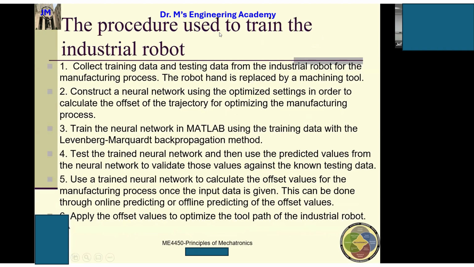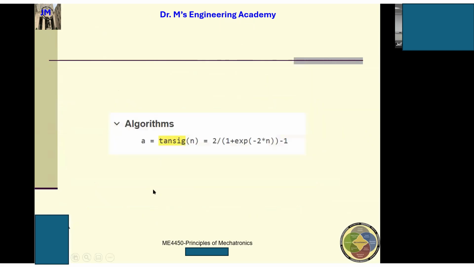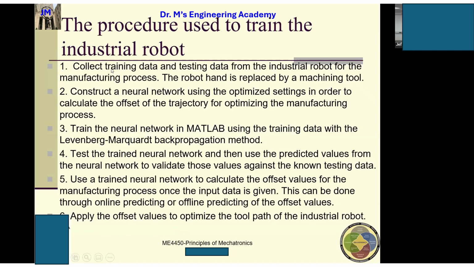So the procedure used to train the industrial robot: I can finish very quickly, guys. Collect training data and testing data from the industrial robot. For the manufacturing processes, the robot hand is replaced by a machining tool. We will not replace it, but we simply say it is replaced.